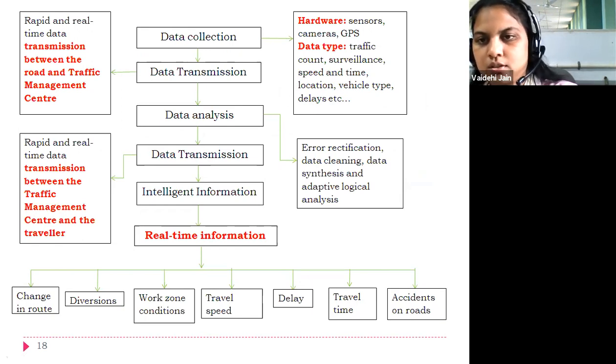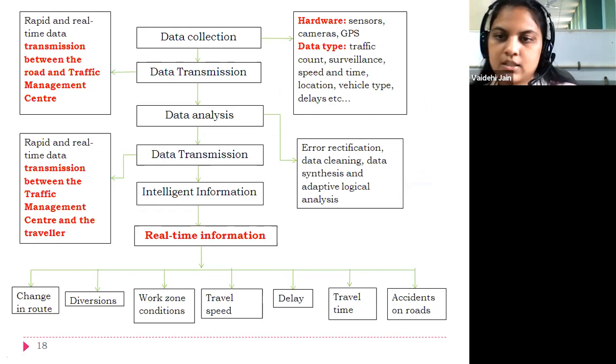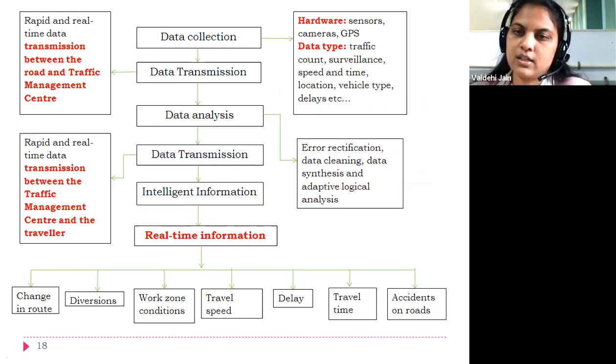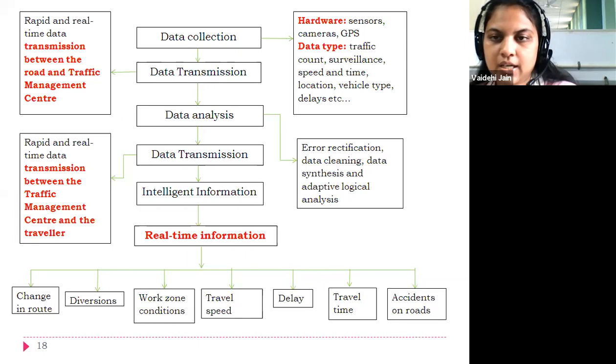Traffic count, how much traffic there is, with the type of vehicle, the classification of vehicle, the speed of that vehicle, the location of the traffic, the travel time, the delay, and the incidents occurring at the place. This type of data you require for developing any intelligent transport system.